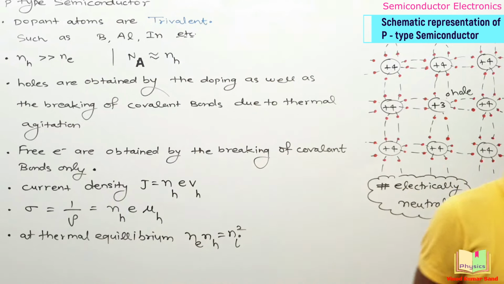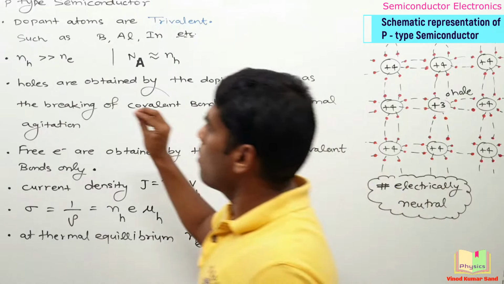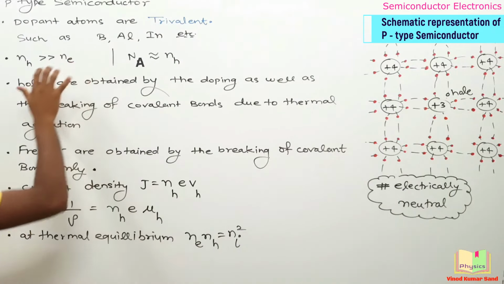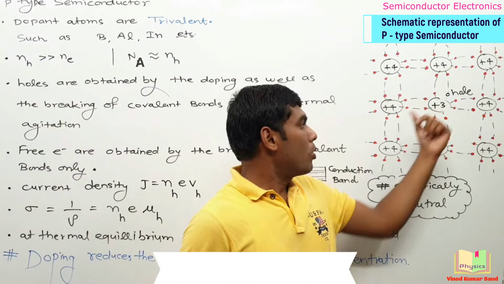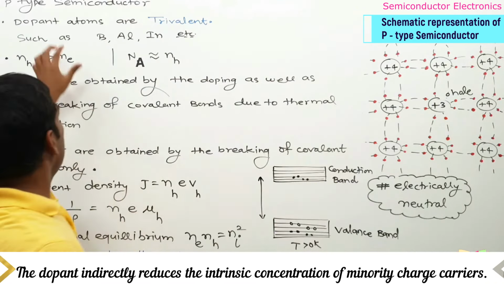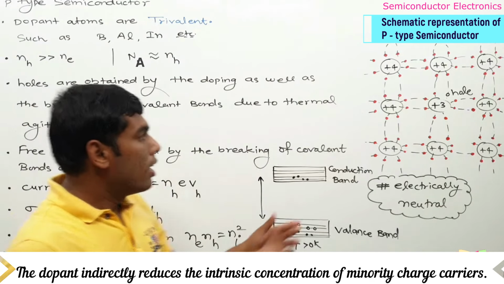If we look at this crystal lattice structure, the doping will bring the holes. So free electrons might recombine with the holes. That is also the logic behind the lower concentration of the free electrons. That's why this impurity is known as the acceptor impurity. These dopant atoms are known as the acceptor atoms.